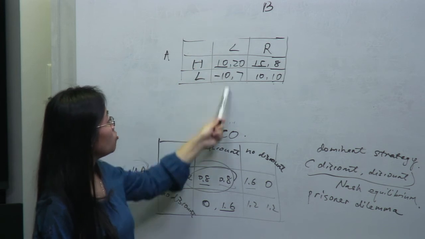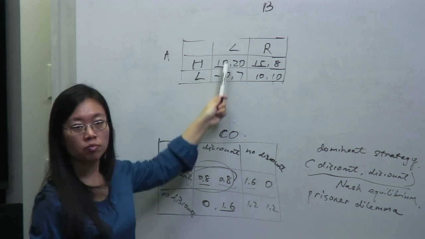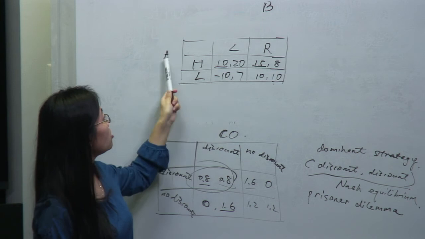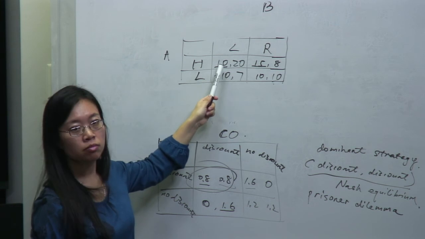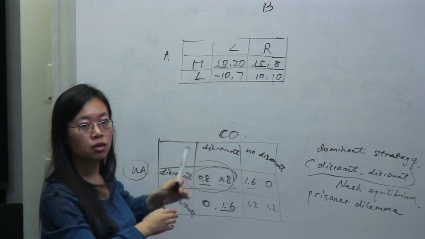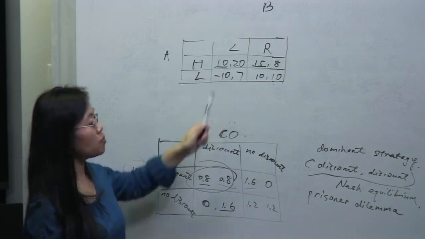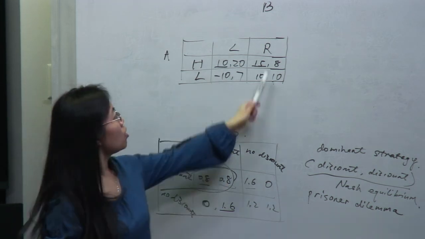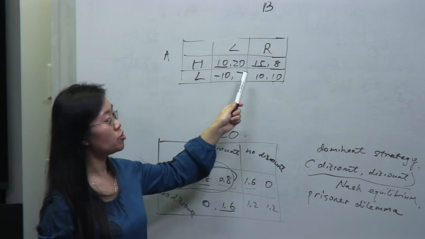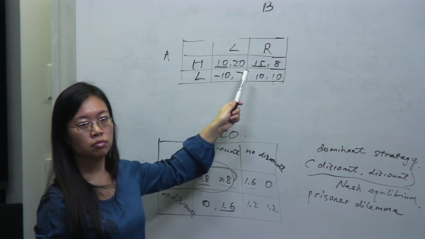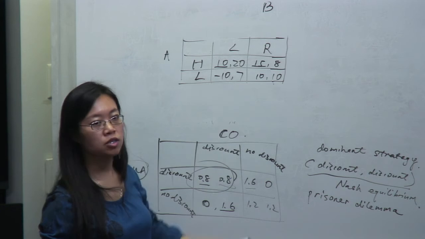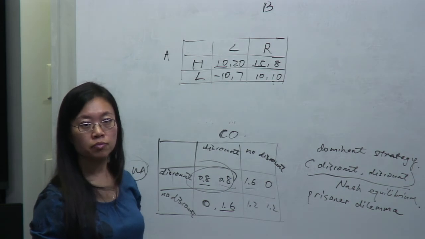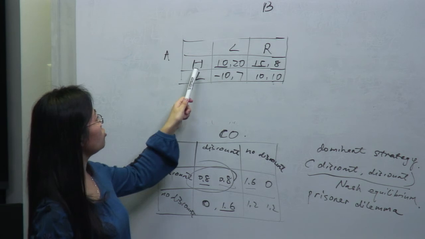When B chooses L, we're looking at this column here. What's the best thing for A to do, choose H or L? H. Why? Because 10 is better than minus 10. When B chooses R, what's the best thing for A to do? H, because 15 is better than 10. So that's why A always chooses H.